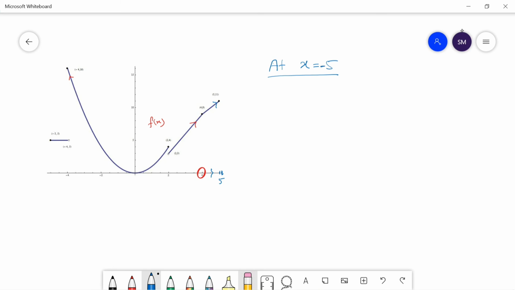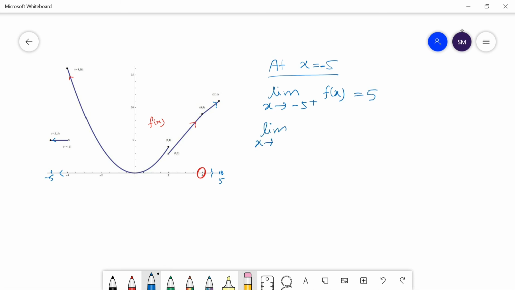Then x is equal to minus 5. So minus 5 is here, and in this case you have only the right hand limit, and the right hand limit goes to 5. Therefore limit x tends to minus 5 plus f of x is equal to 5.